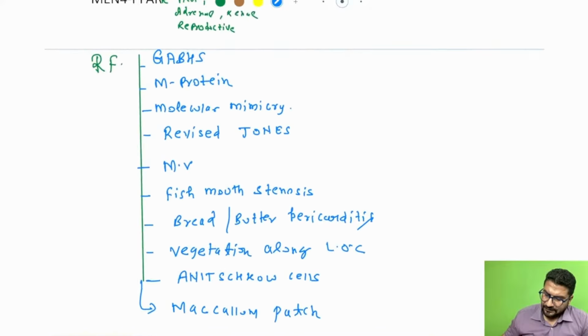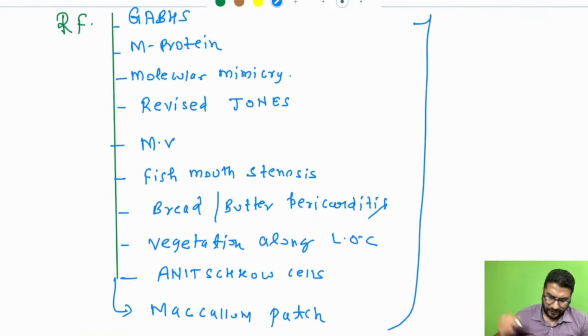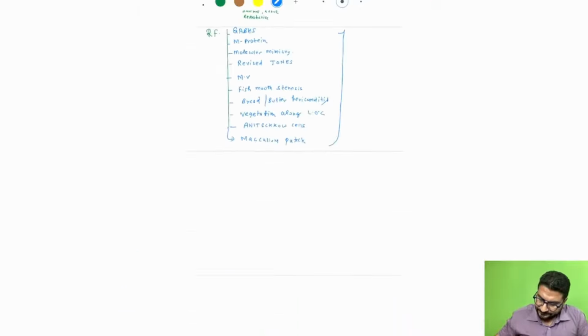So these are all the MCQs which you should know of rheumatic fever. Done? Am I clear?